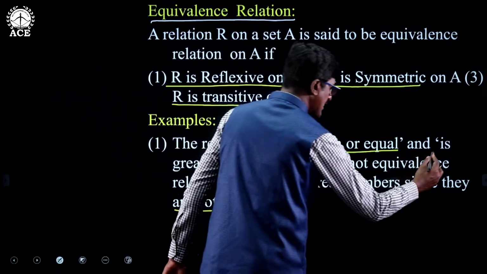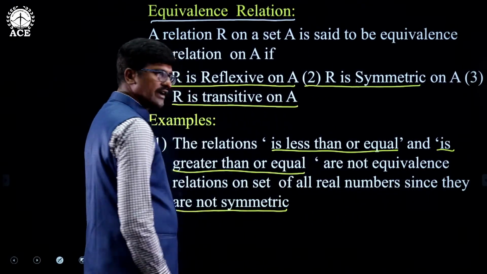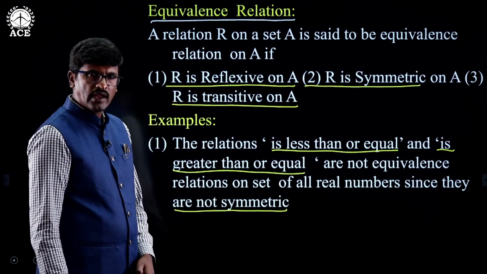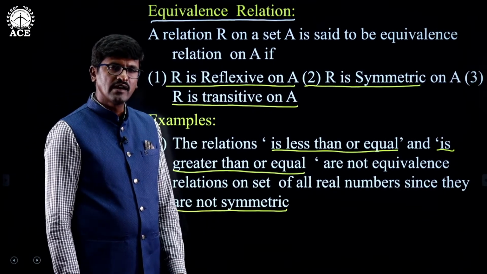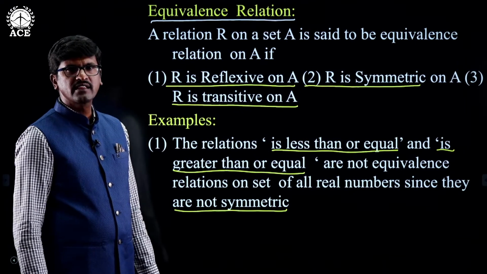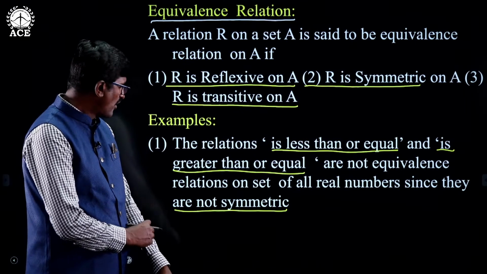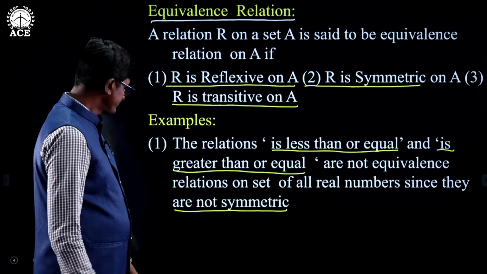Similarly, greater than or equal to is not an equivalence relation because it will not satisfy the symmetric property. So the relations less than or equal to and greater than or equal to on the set of all real numbers are not equivalence relations.